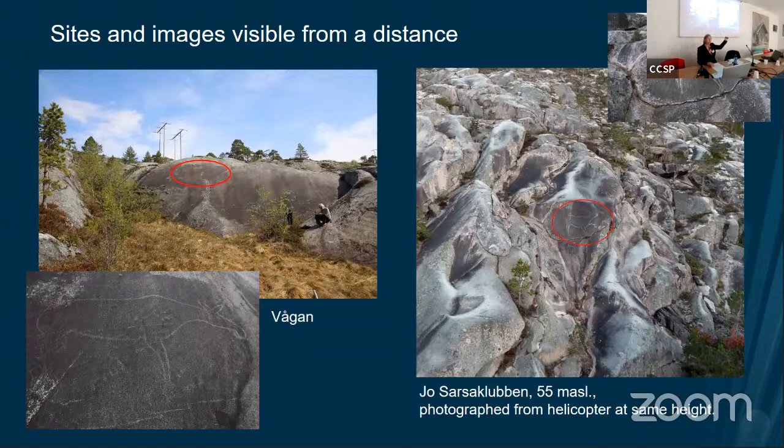So he was in a helicopter at the height above sea level where the sea level would have been at the time, demonstrating that you can actually see the images from very far away. And I think when we talked yesterday, Jan Magne was saying that you can actually see the sites and motifs from maybe up to 500 meters away. So again, suggesting these would be very good wayfinding points, easy to navigate with in the landscape and cultivating the landscape from a distance.